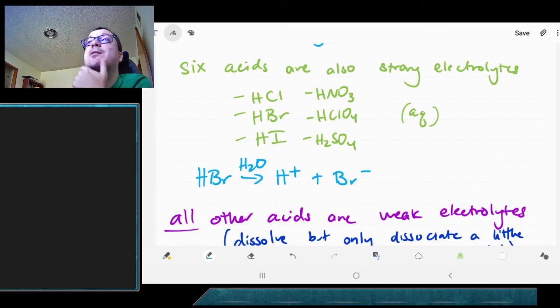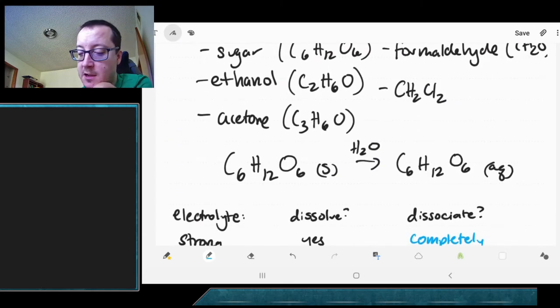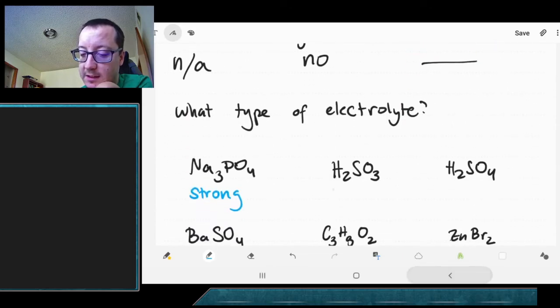So, do we see sulfurous acid, H2SO3, in this list? It's not on this list, so it must fit in the category of everything else, which will be a weak electrolyte. It's a weak electrolyte because it is not one of those 6 acids. All other acids are going to be weak electrolytes. Remember, acids have the H+ on them at the start.